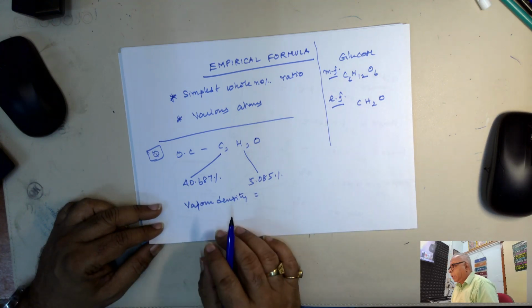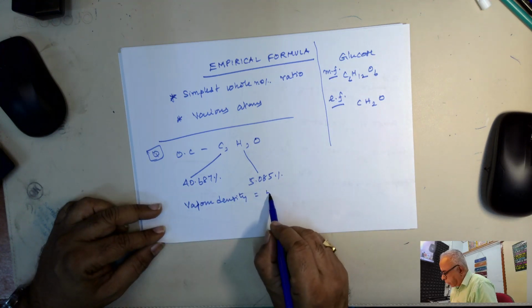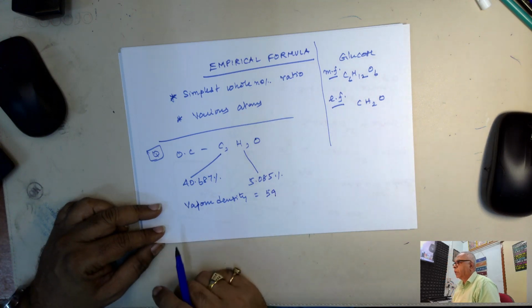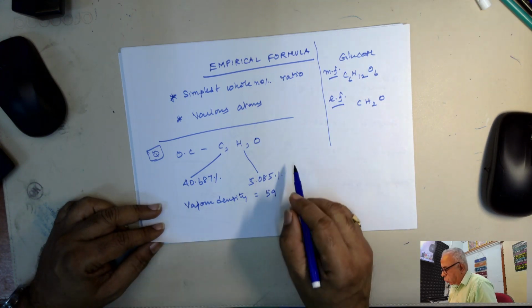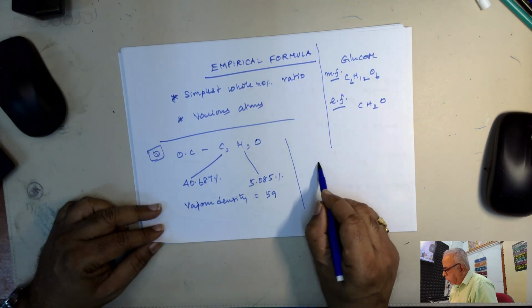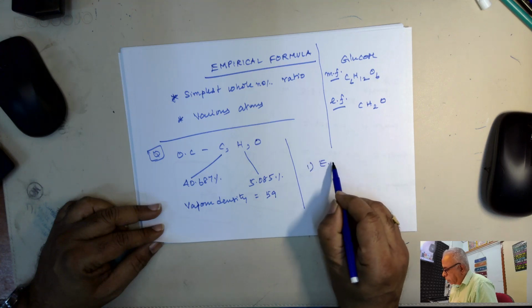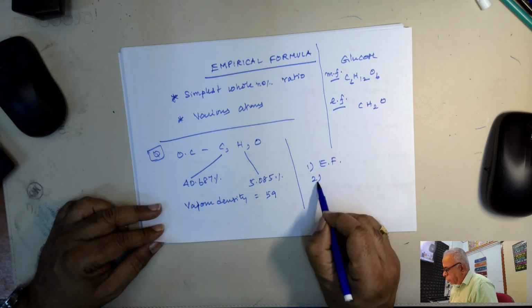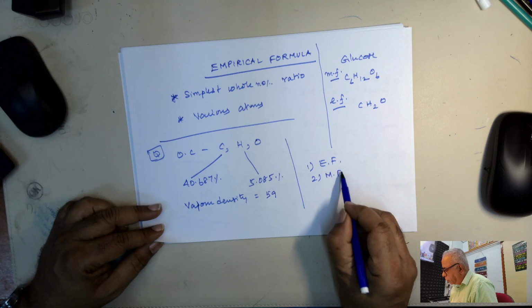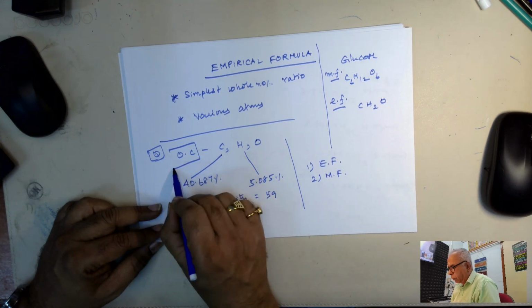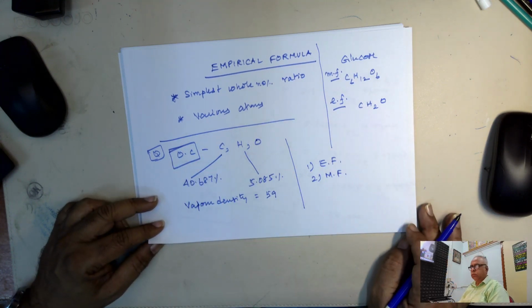The vapor density of the compound is 59. Now we are supposed to find out the empirical formula followed by the molecular formula of the given organic compound. Got it?